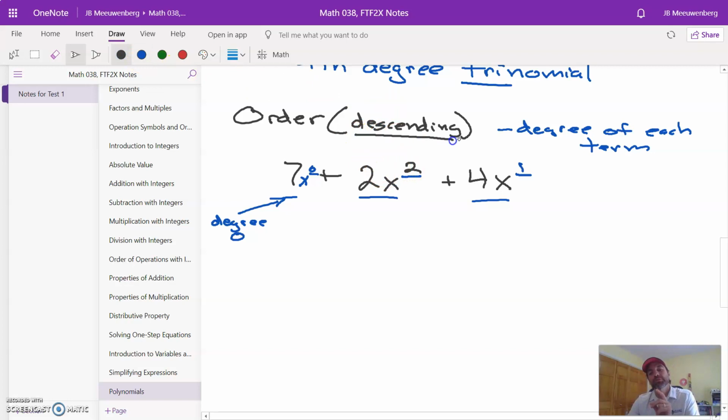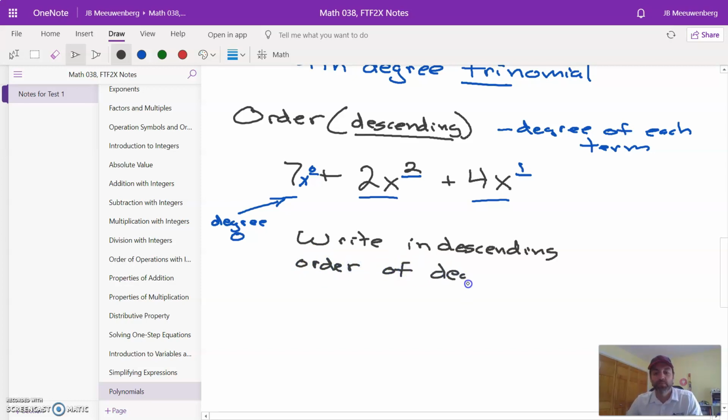We put the terms in descending order. So we're going to write in descending order of degree of x, because all our variables that we're using here are all x's.